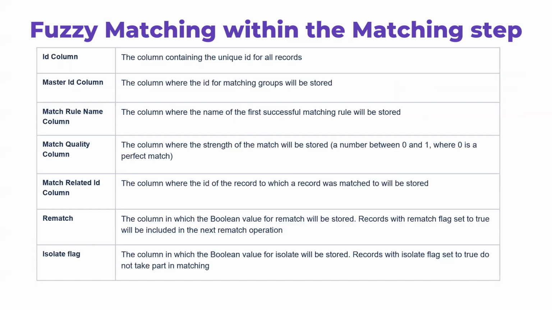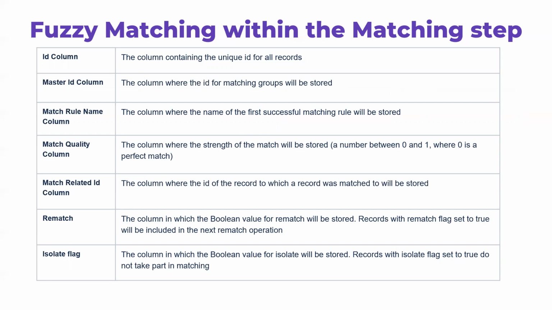Now, in terms of the fuzzy matching step, most of you are probably familiar with the outputted columns, but this is the breakdown of these columns. First, we have the ID column, which is essentially the unique ID for each record that is now going to be matched together. We have the master ID column, which is the grouping ID for records that have been found to match together.